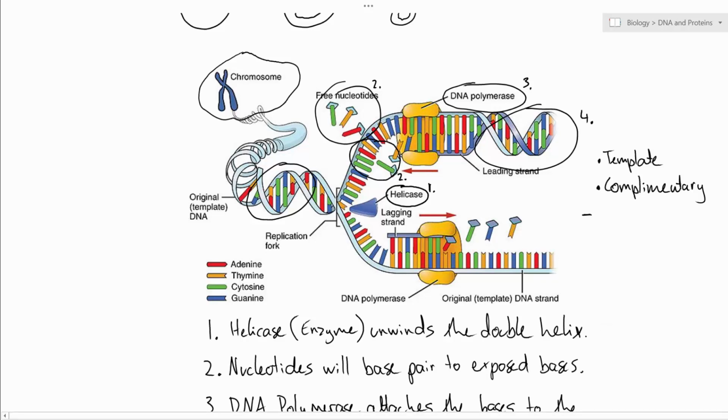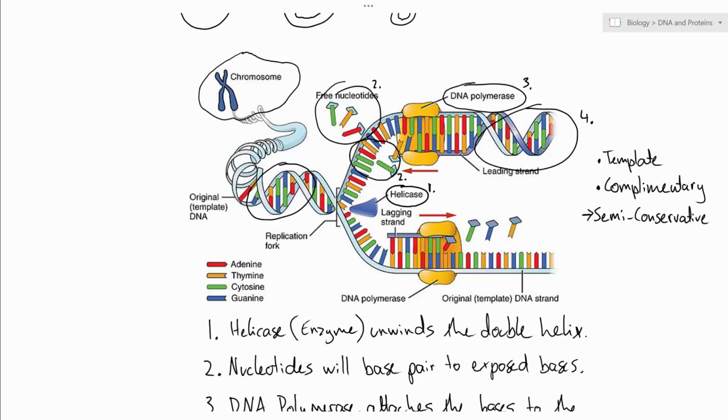Now, another thing to note is this process is also referred to as semi-conservative. And the reason why we say this is semi-conservative is each of the new double helixes formed, each of the new segments of DNA formed, is going to contain one of the original strands of DNA from our starting double helix and one newly synthesized strand from free nucleotides.